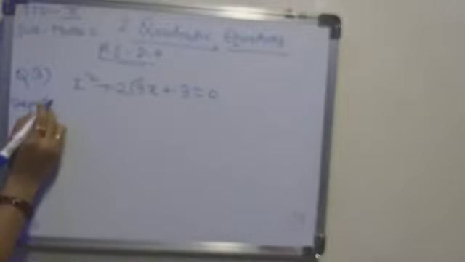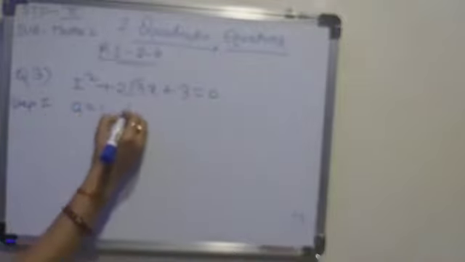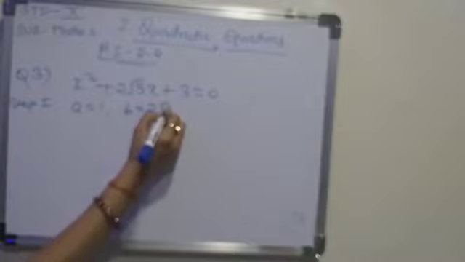Step 1, you compare this with your general form ax square plus bx plus c. So you will get a is equal to 1, b is equal to 2 under root 3 and c is equal to 3.